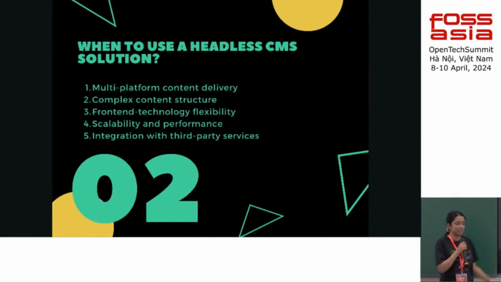You have the flexibility to use any front-end framework. And finally, if you want scalability and improved performance, then again you can use headless CMS. And last, you can also integrate with a lot of third-party services. There is no cap on how you do it, since it's all APIs. All you need to do is just make a call, and it's as easy as that.